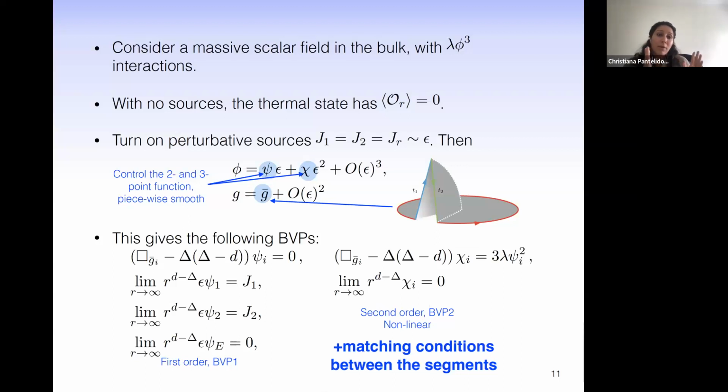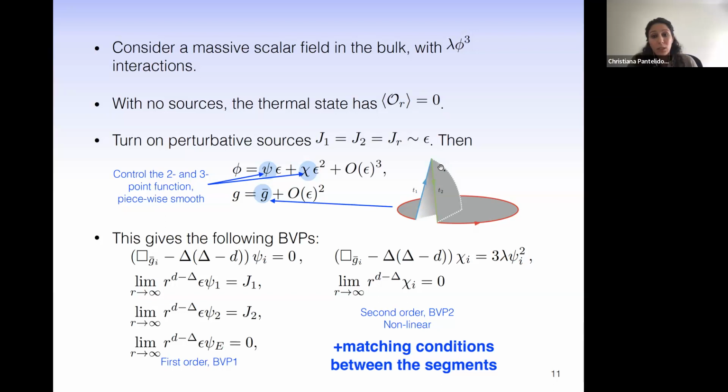When we have no sources on the Schwinger-Keldysh contour, so on the boundary of this geometry, then our scalar field is trivial on all 3 segments of the geometry. And this corresponds to the expectation value of the operator O_R being trivial.